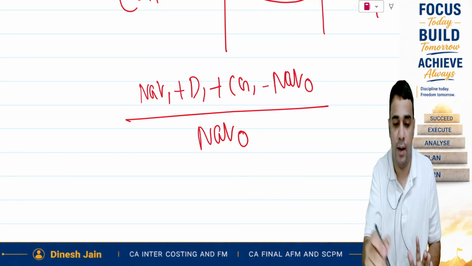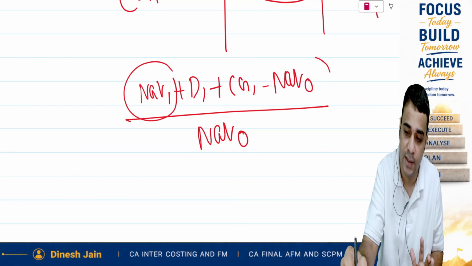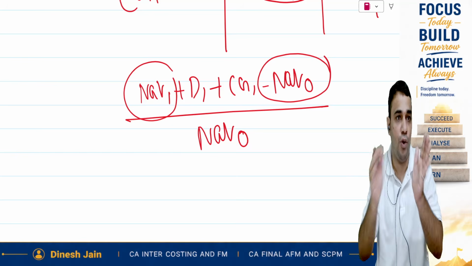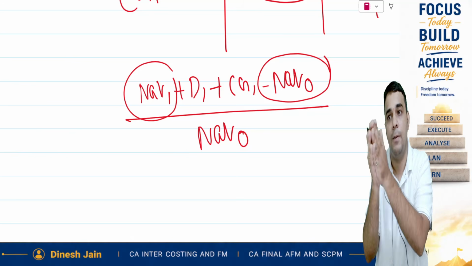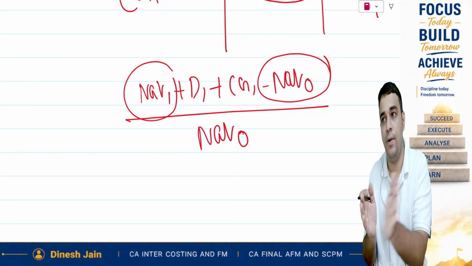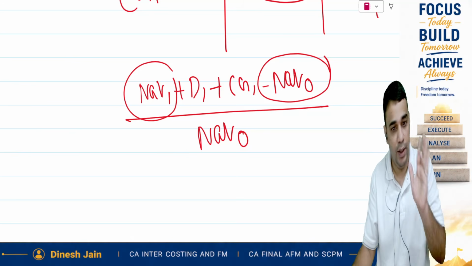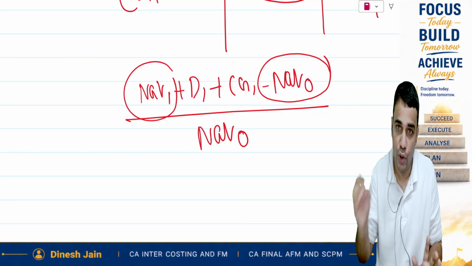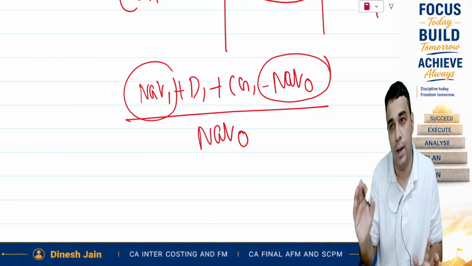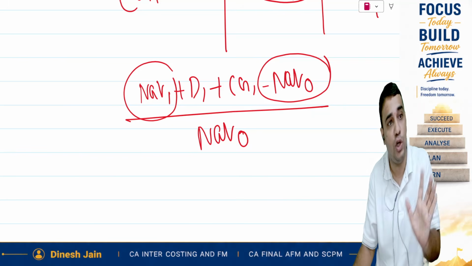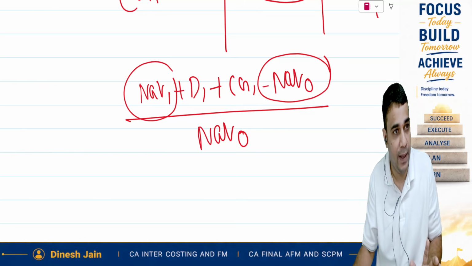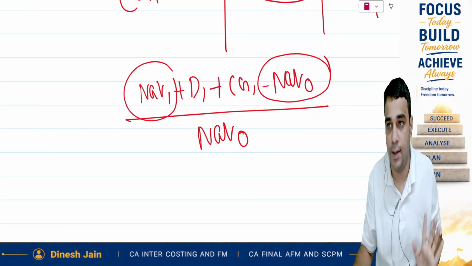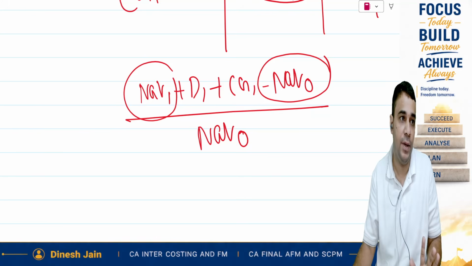For quick understanding, I generally club this together: NAV1 minus NAV0 plus D1 plus CG1, divided by NAV0, into 100. If you do into 12 by M, it is called annual return. And if you do without 12 by M, it is called holding period return.